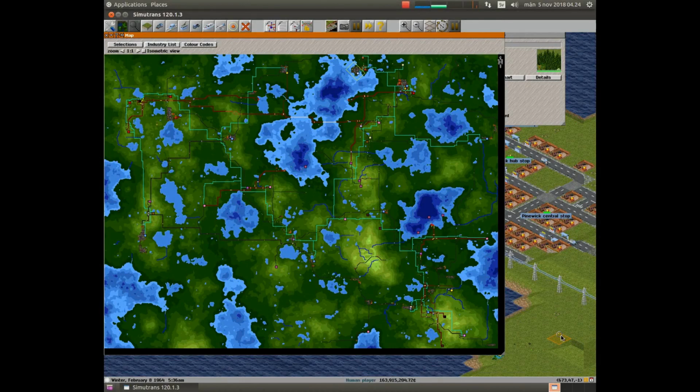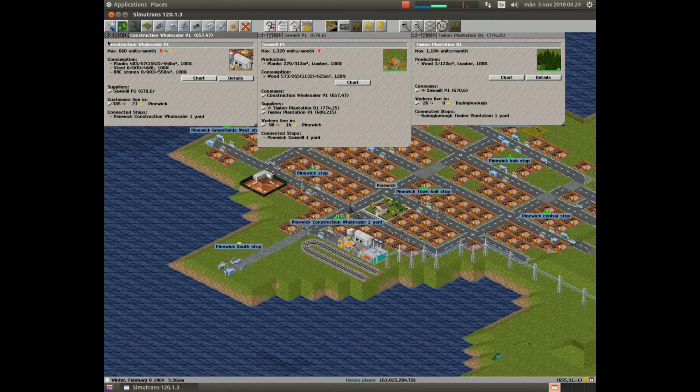First, we take a look at an old project. Up here, a timber plantage, sawmill, and a warehouse. And here we have the data. As we can see, this old supply chain works well, and they are happy.